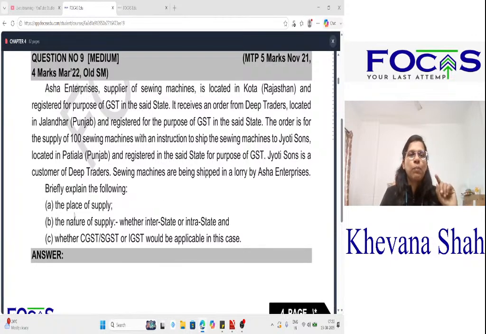Now briefly explain the place of supply, the nature of supply, whether interstate or intrastate, and whether CGST, SGST or IGST would be applicable in these cases. So for bill to ship to model, it's always advisable to sketch out a rough diagram that will help you to understand the question in a better manner. Kindly take your time to solve this question.